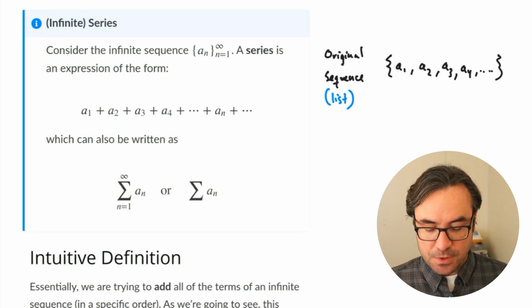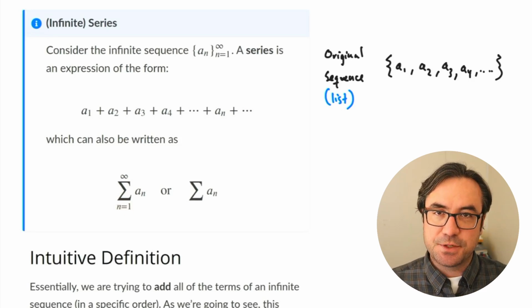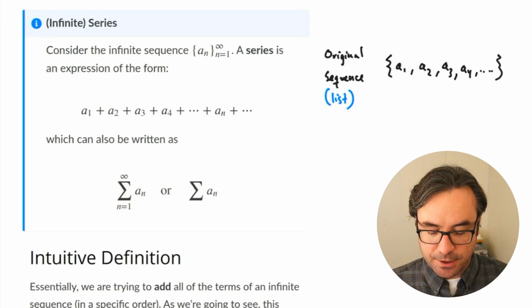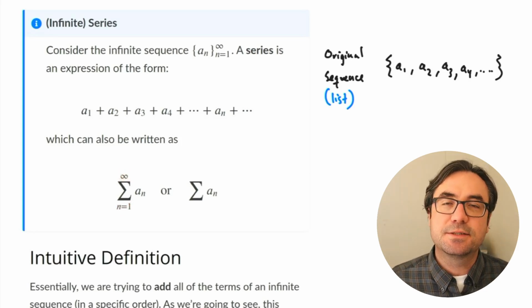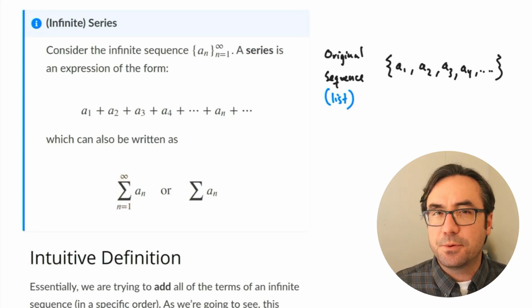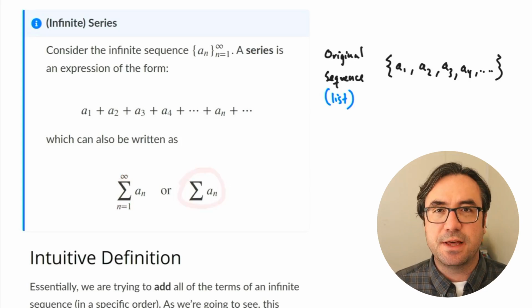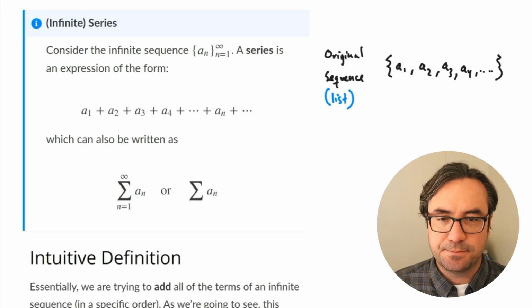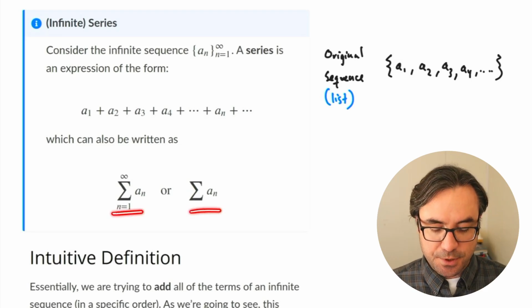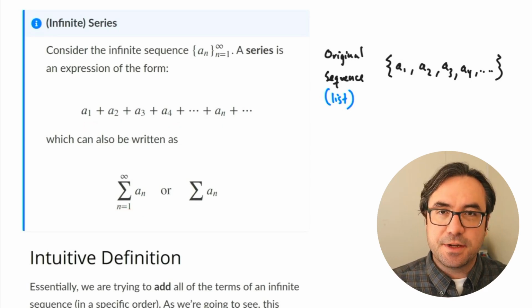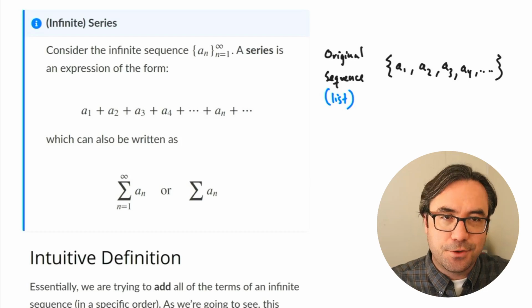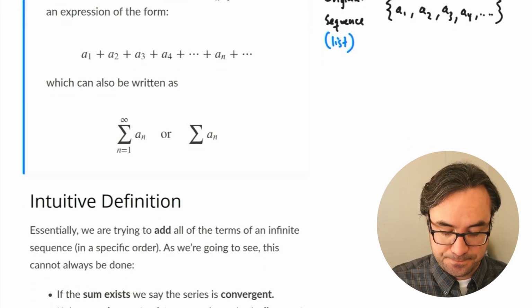And usually we want to specify the starting index value, so we're going to go from n equals 1 to infinity. But when the starting index isn't too important, sometimes we might just leave that off and write sigma a_n. So this is the notation we're going to be using for a series. And essentially you want to think of it as trying to add up all the terms in an infinite list.